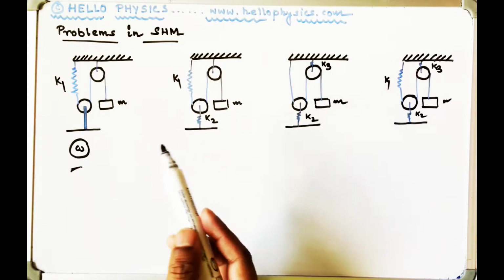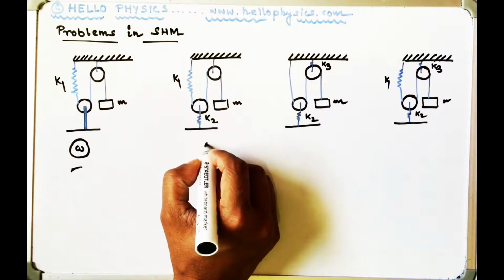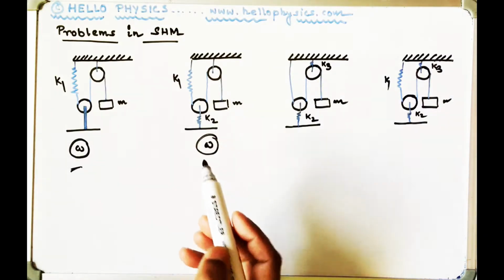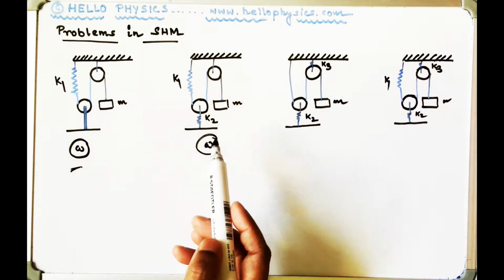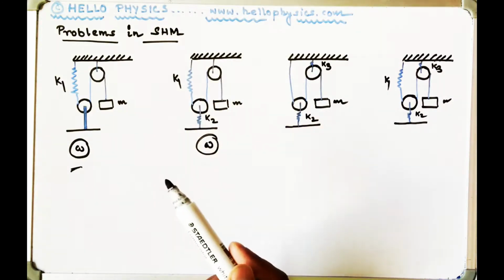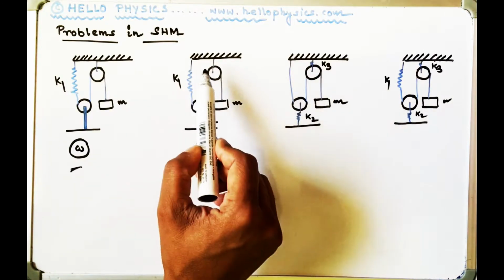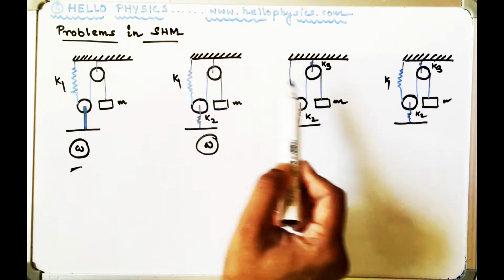All other things remain the same. In this situation, find out the natural frequency of vibration, or simple harmonic motion, of this system.